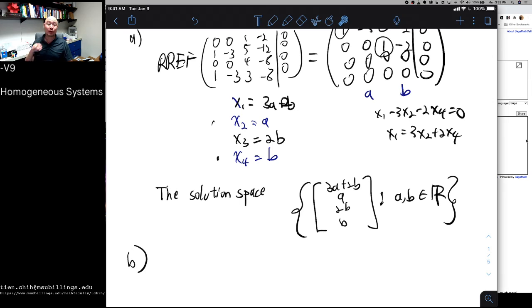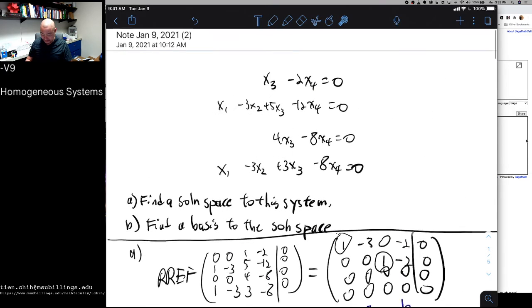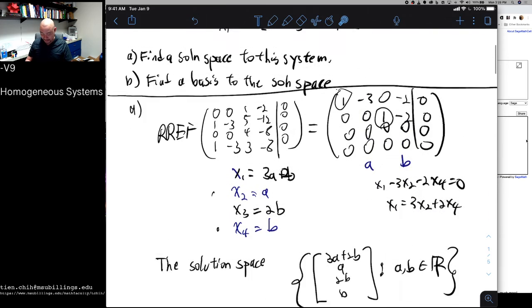Now, what I want to know is what's the basis for these solutions?